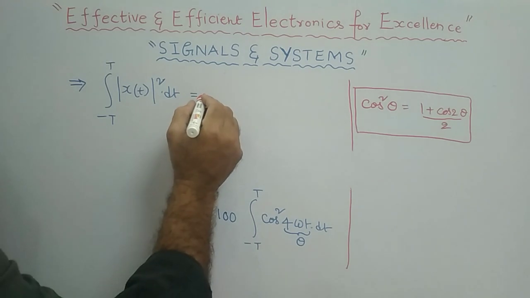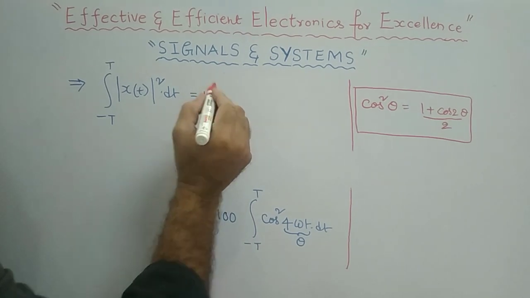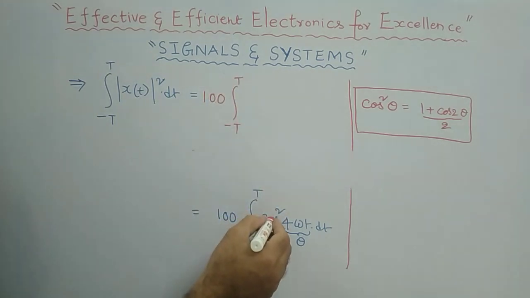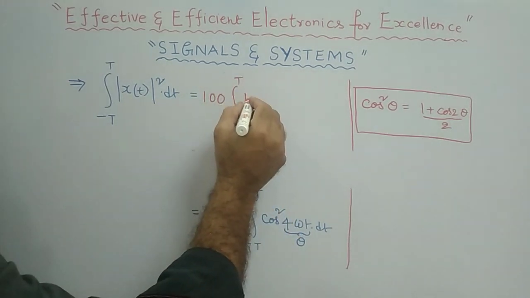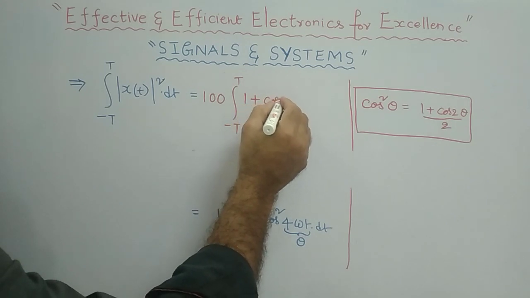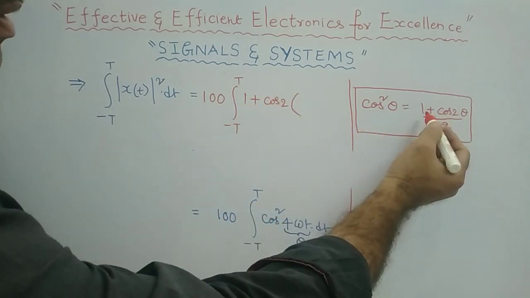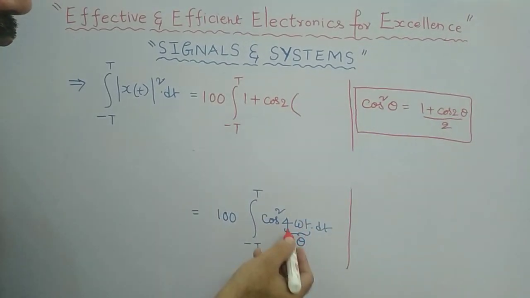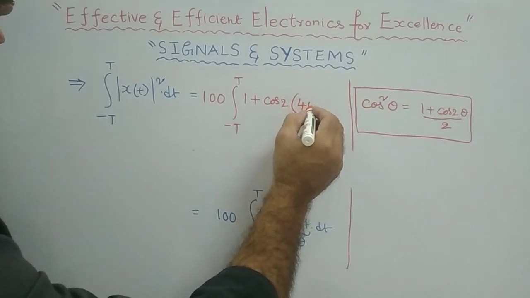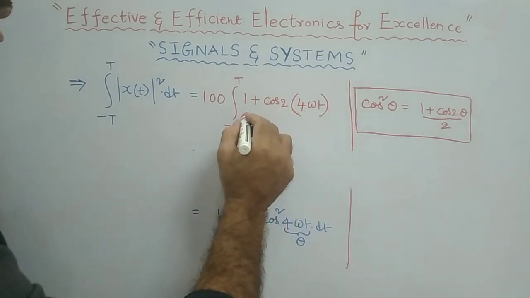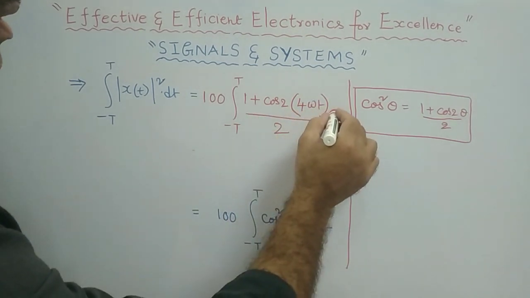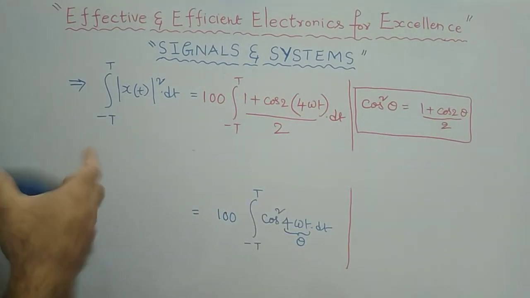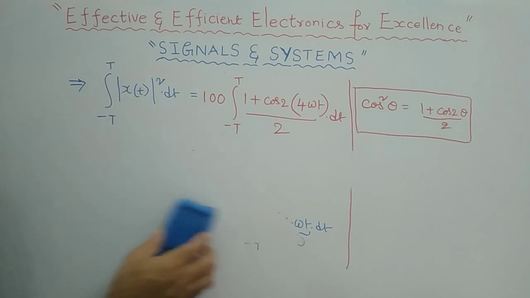It is 100, clear? 100 into minus T to T. What is cos square theta? It is 1 plus cos 2 theta by 2, as per this formula. What is theta here? 4 omega t. 4 omega t you can take as your theta, by 2 into dt. Clear? Clear? And then what is the next step? What is the next step?